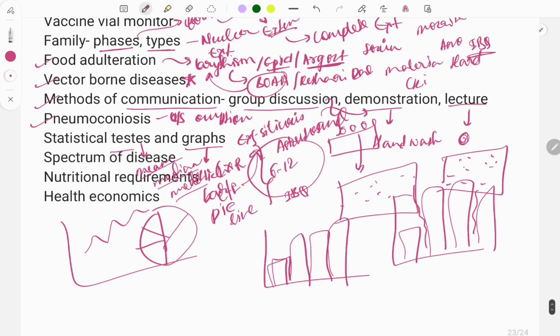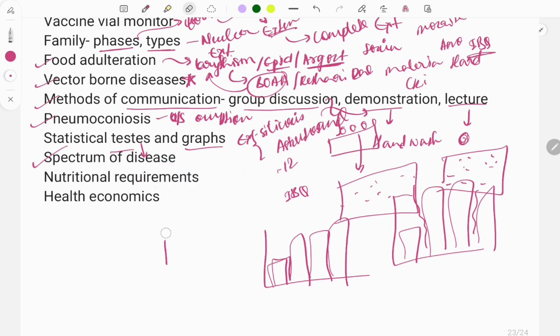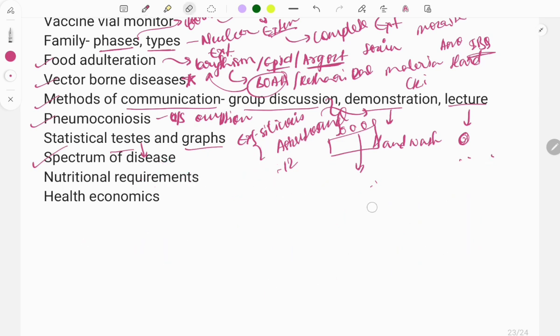Then moving on to the spectrum of diseases. So the spectrum of diseases means it has certain components. A person can be diseased, then after that he will be going to the impairment, like loss of any anatomical structure, that is called as the impairment. Then disability, loss of his job or work.